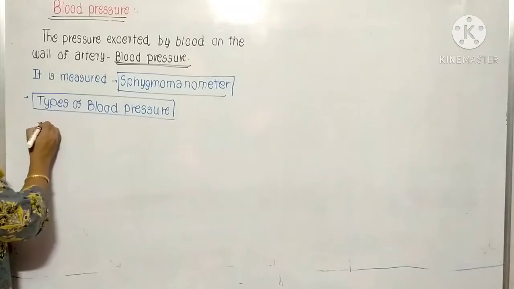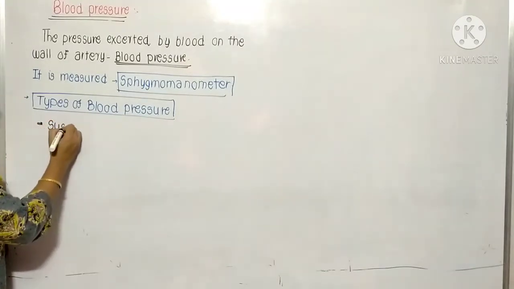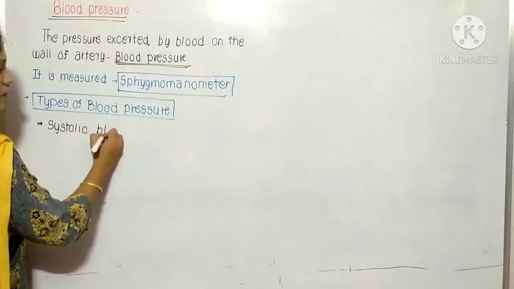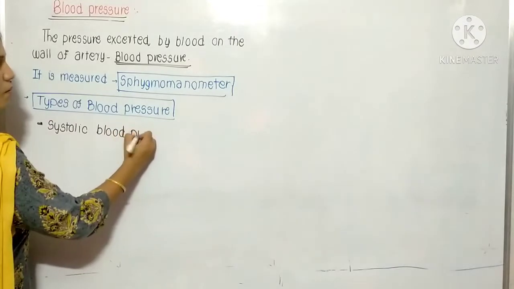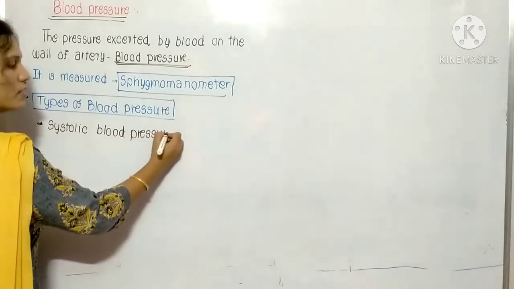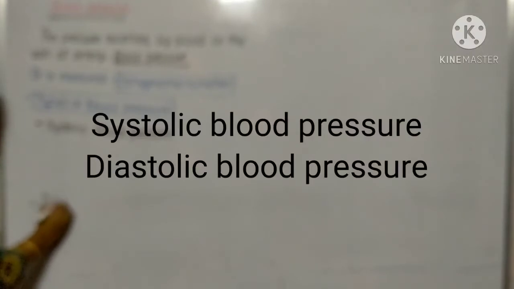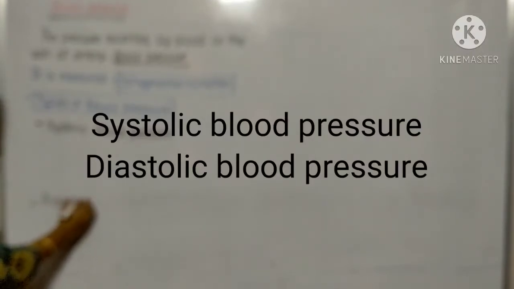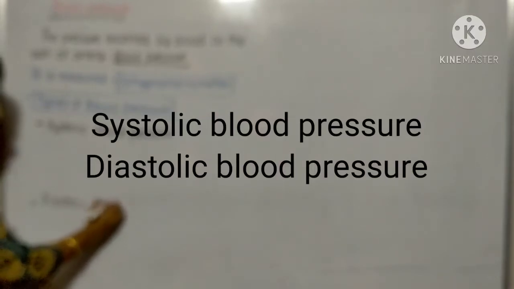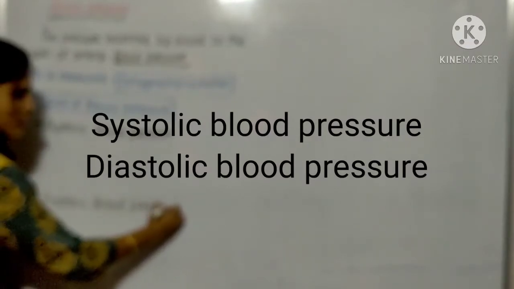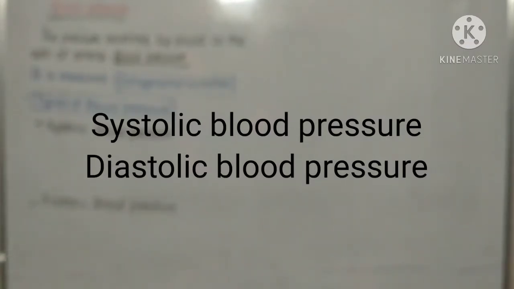One type is known as the systolic blood pressure, and the second type is known as the diastolic blood pressure.